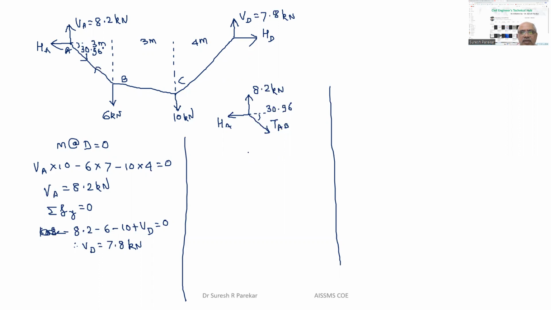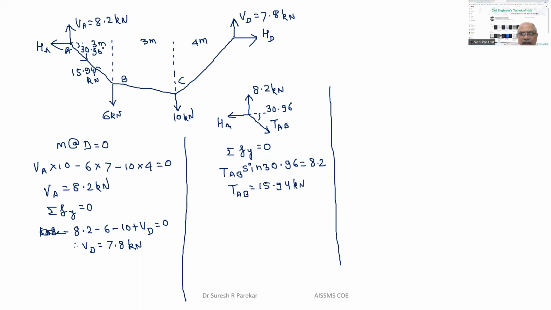So we have summation Fy equal to 0, and from this I can find TAB sine 30.96 equal to 8.2. From this we get TAB equal to 8.2 divided by sine 30.96, which is 15.94 kilonewtons.